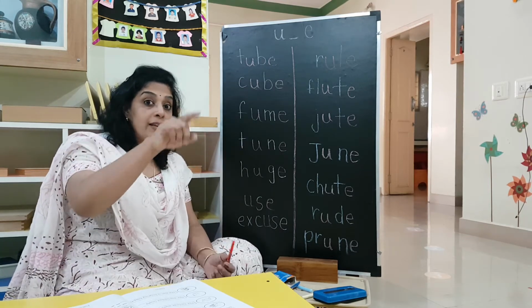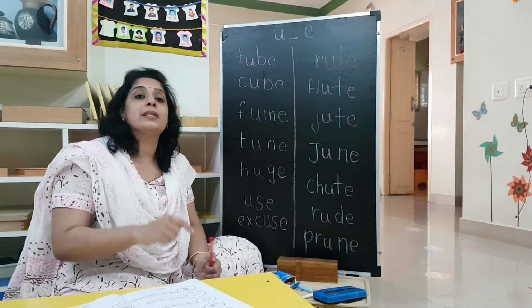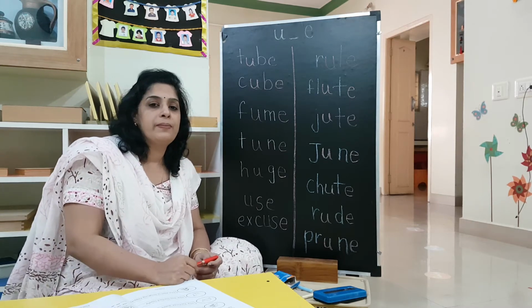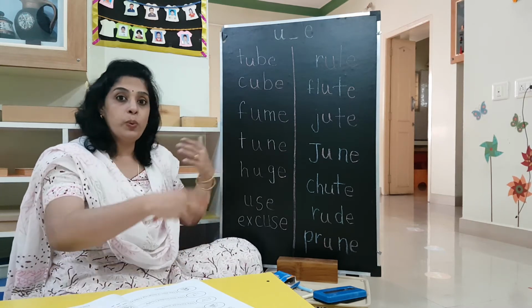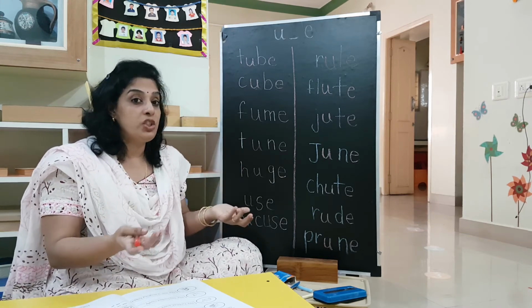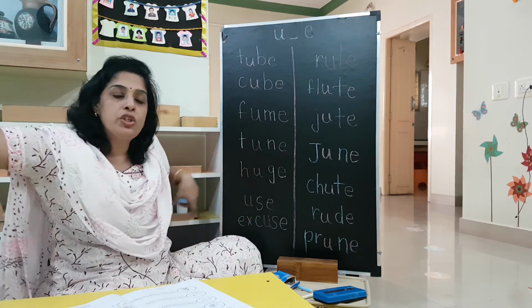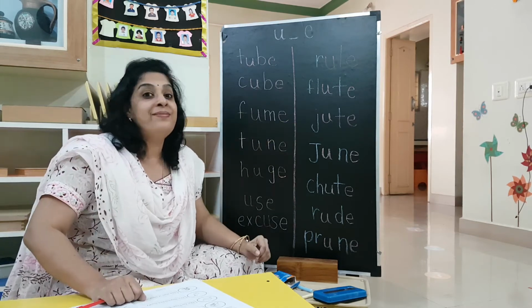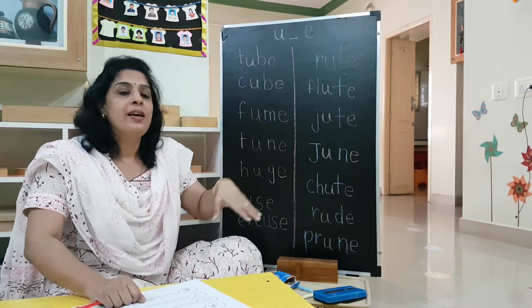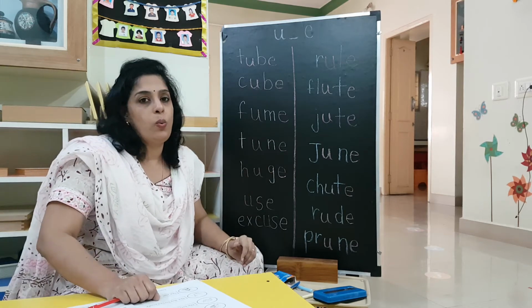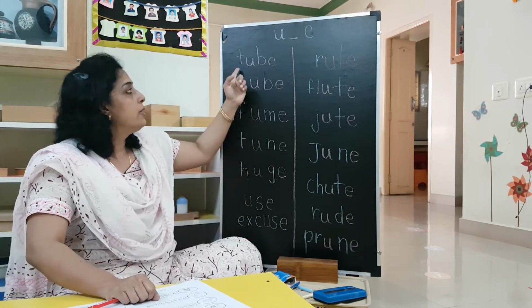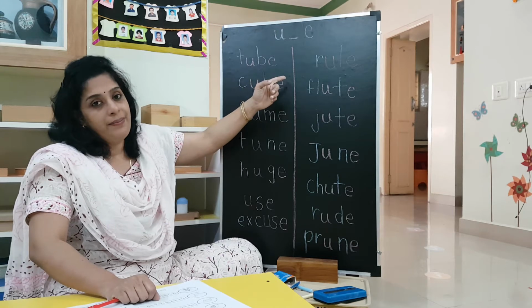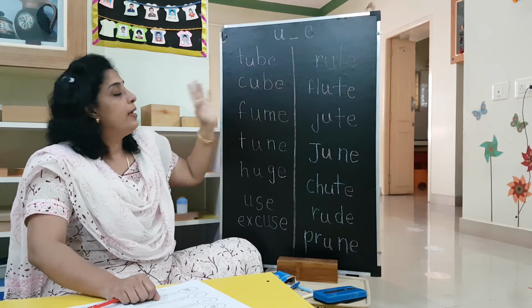So the cycle's tire has a tube inside it. Or when you go for swimming, or if you have seen anybody swimming, they will be wearing one tube around themselves which will help them to float in the water. That tube has air in it, because of which it will float in the water. Tube.